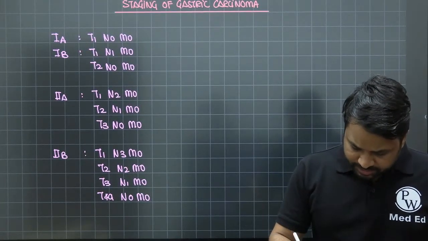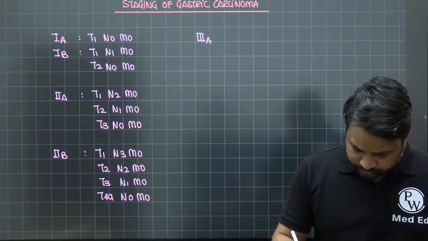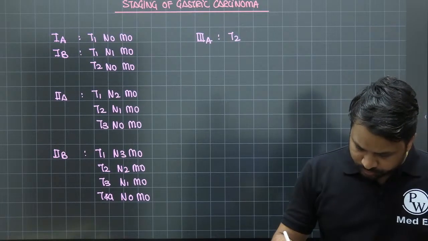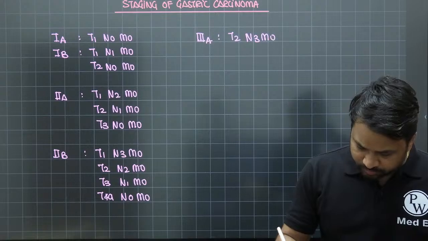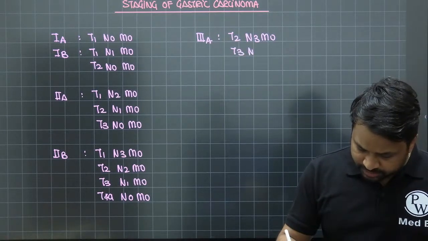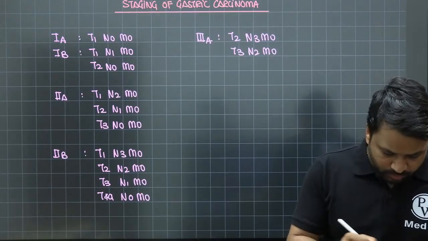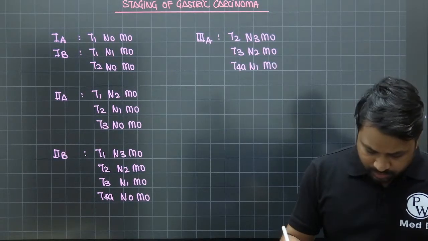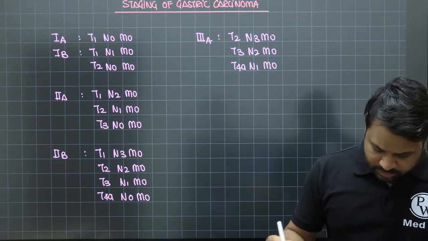Then you have stage 3A, that is going to be T2 N3 M0, T3 N2 M0, T4A N1 M0. That is 3A.